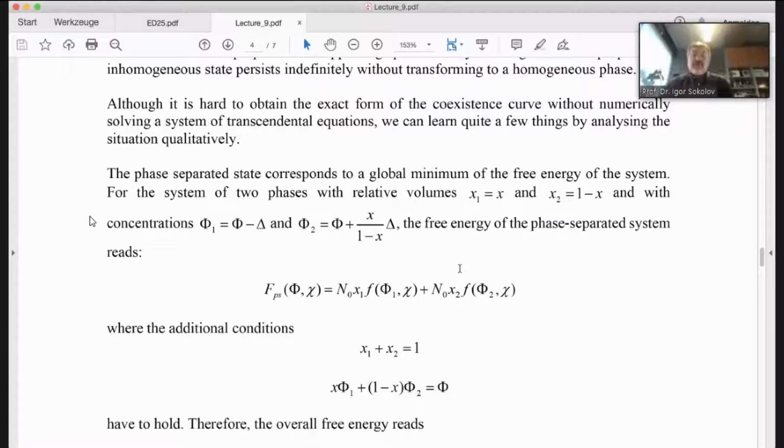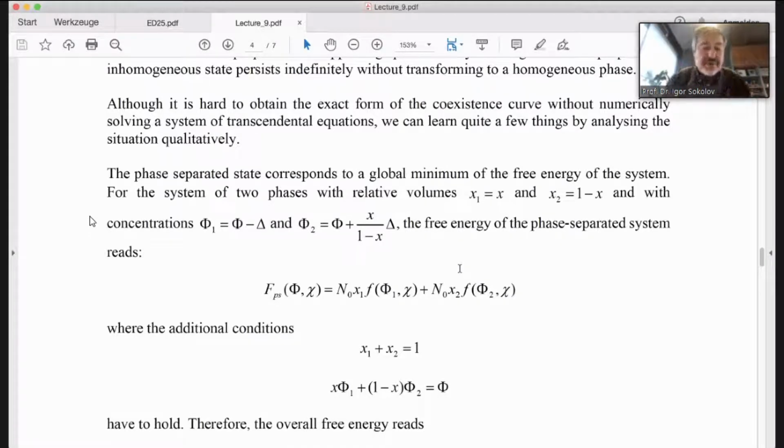Do I have to explain more here or try to draw a picture like the picture I have drawn at the beginning? So you have now two sub-volumes of different size and with different concentrations.